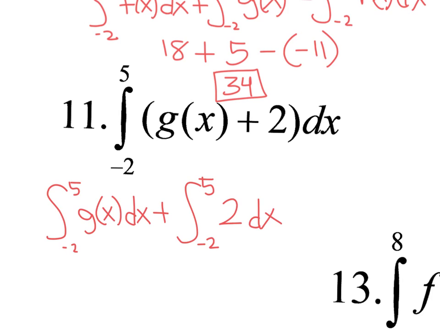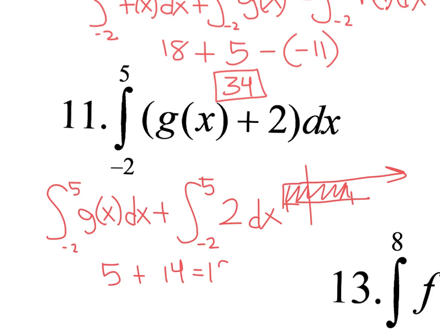And so we're given the value of the first expression, which is 5, and then plus, now remember 2 is a constant. So if you were to graph it, it's a constant at 2, and we're going from -2 to 5, right? So you're finding this area under the curve. So basically it's 2 times the change in value from -2 to 5. Well, the change in value from -2 to 5 is 7, so it's 7 times 2 is 14. So my answer is 19.